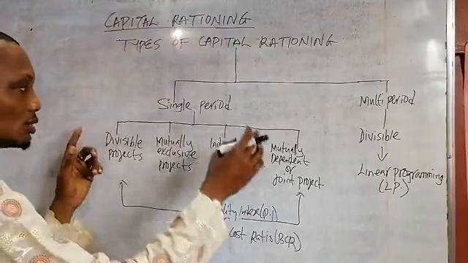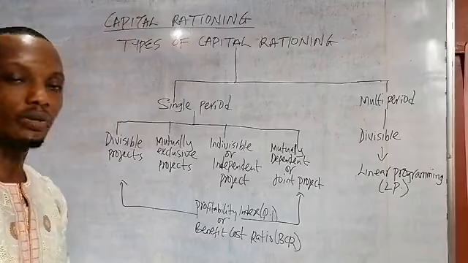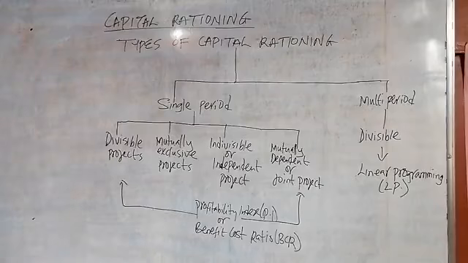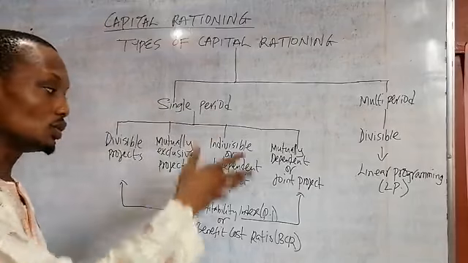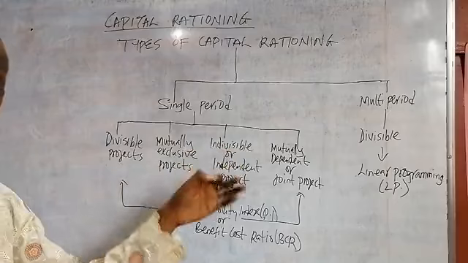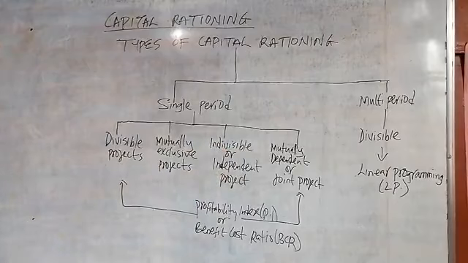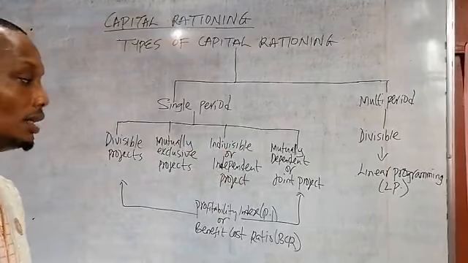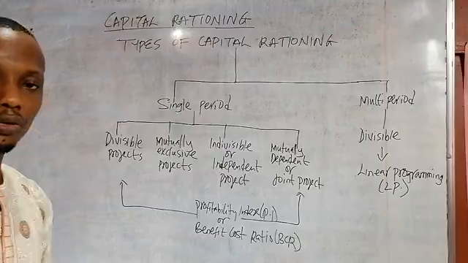So in making decisions under single period capital rationing, what I'm talking about here is which project is going to take the lead in the investment. Under the capital available, which project are we investing in first?